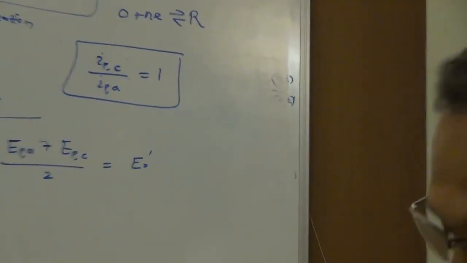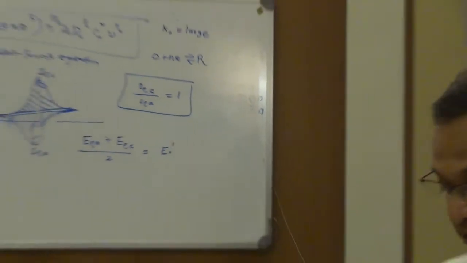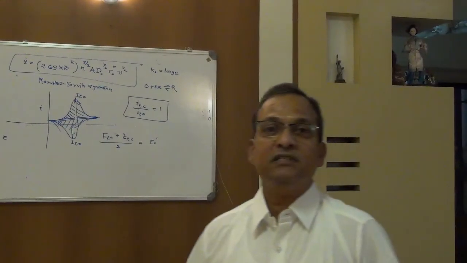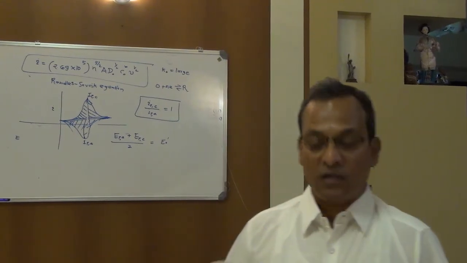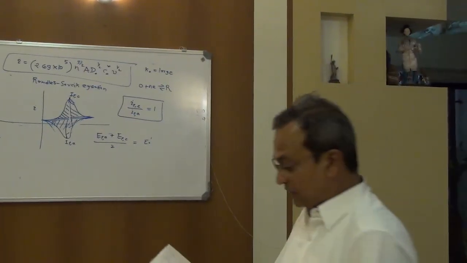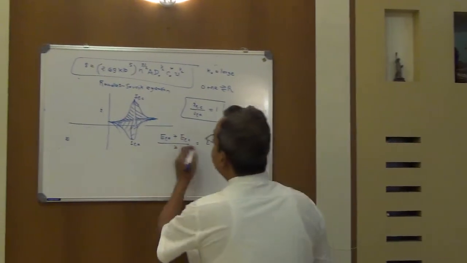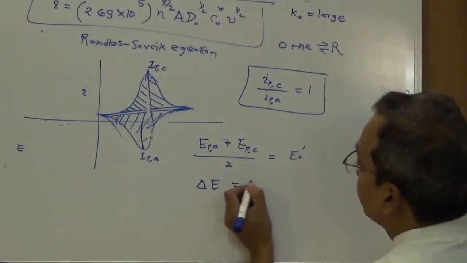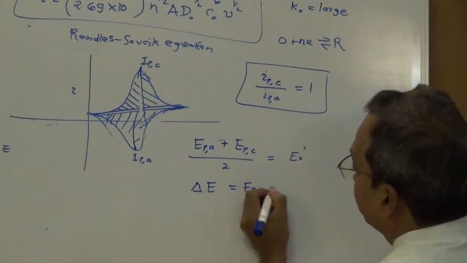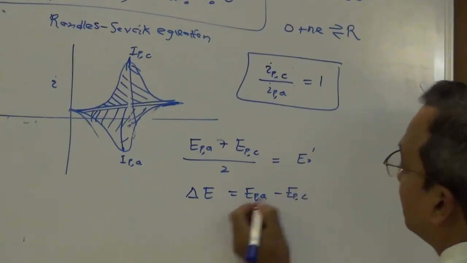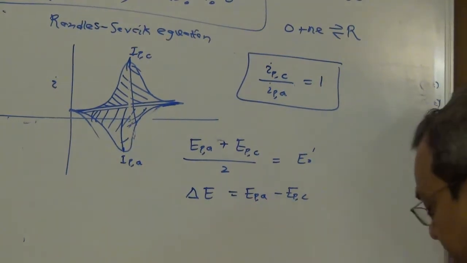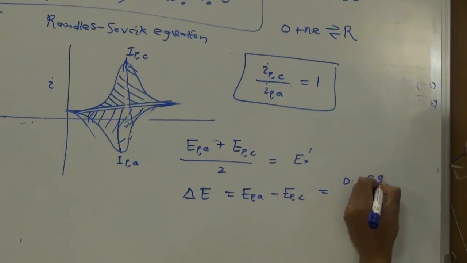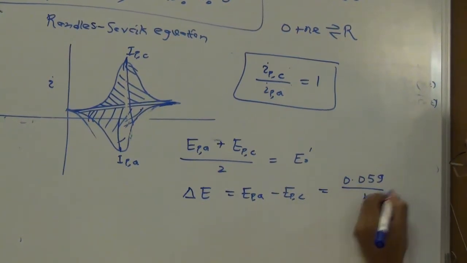This is a very important application for determining the standard redox potential using cyclic voltammetry. It is only for reversible systems. One more thing: the difference between these two potentials, delta E, is equal to Epa minus Epc, anodic and cathodic. This is equal to 0.059 upon n.